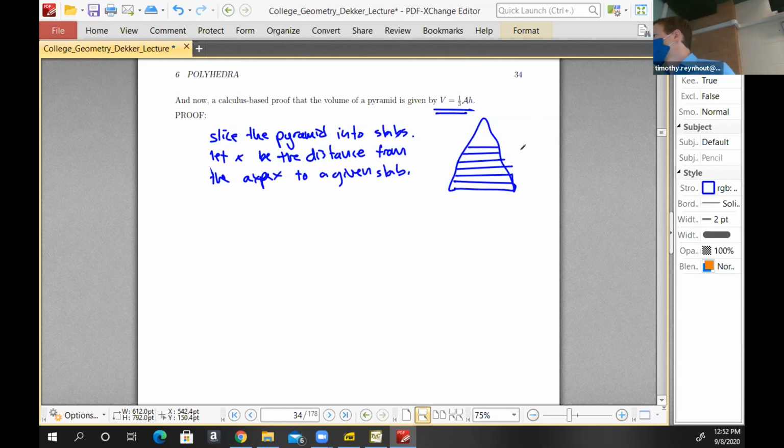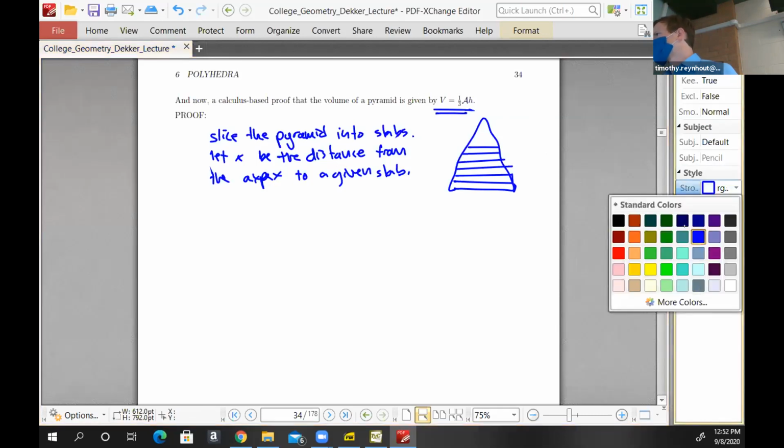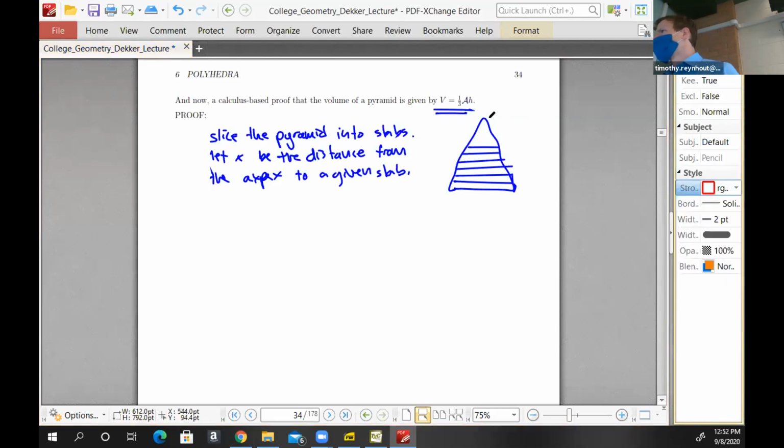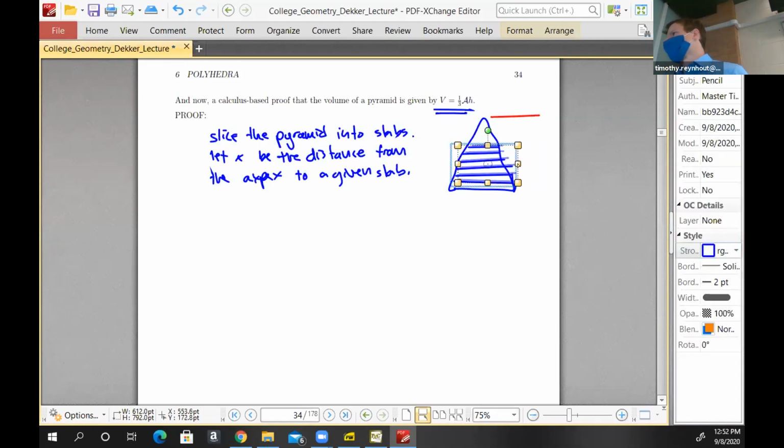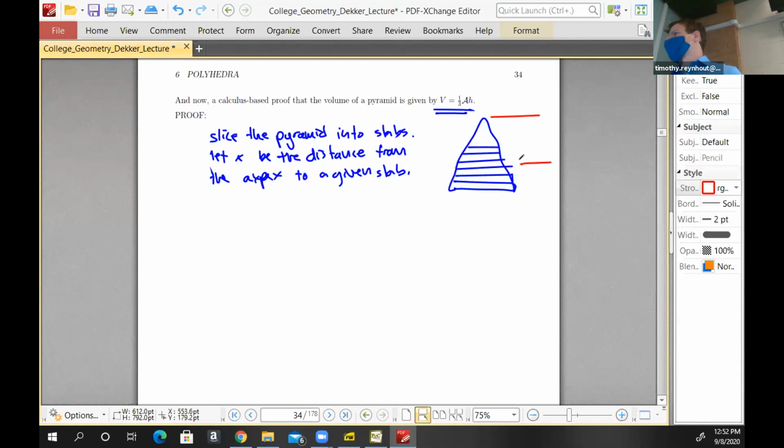Okay, so if x is the distance from the apex to a slab, of course, the apex is the top of the pyramid, and then if we were to choose a random slab, this distance would be x.